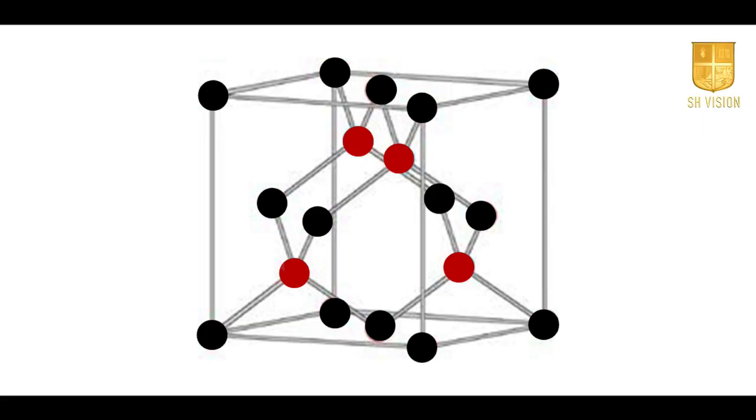A diamond cubic unit cell is a cubic unit cell which has lattice or atom positions: 8 corner atoms, 6 face-centered atoms, and 4 atoms of the second face-centered cubic lattice which are also available within.